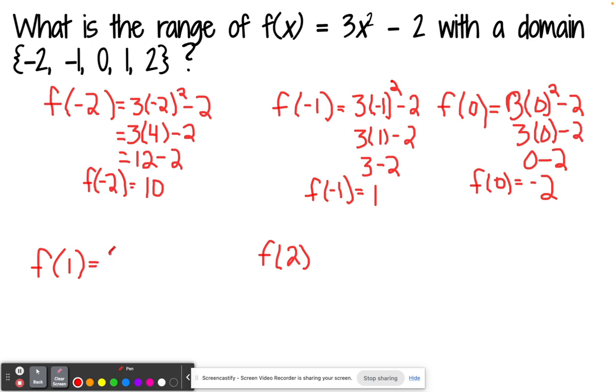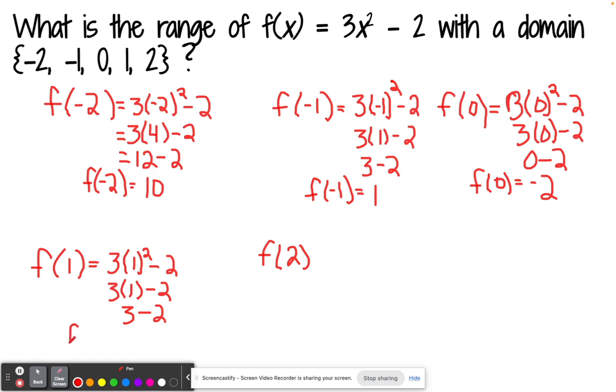F of 1 is 3 times 1 to the second power minus 2. This is going to start looking very familiar to you. 1 to the second power is 1, because 1 times 1 is 1. 3 times 1 is 3. Minus 2.